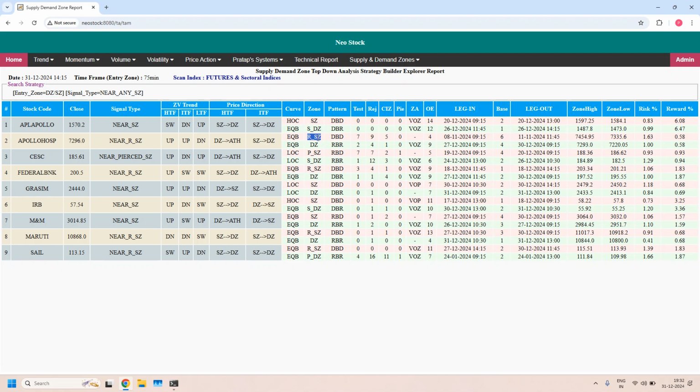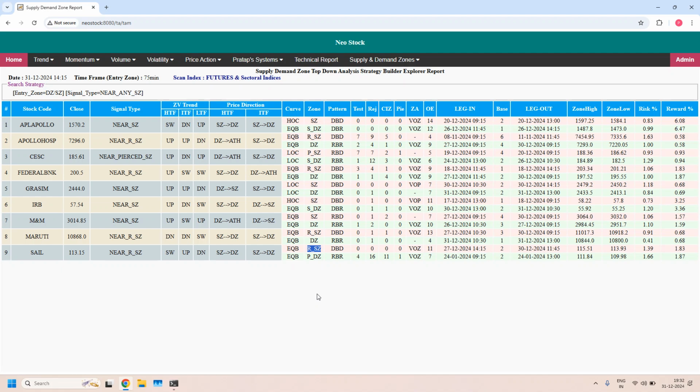Apollo Hospital is having a high liquidity supply zone. Federal Bank is having a high liquidity supply zone. Maruti is having a high liquidity supply zone. SAIL is having a high liquidity supply zone. Total 4 high liquidity supply zones are identified.